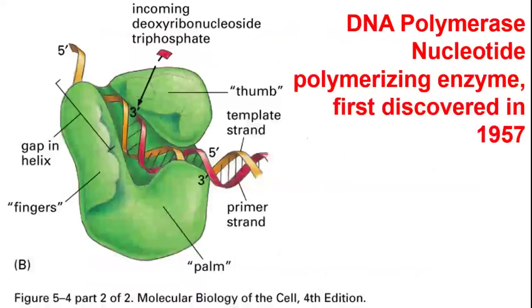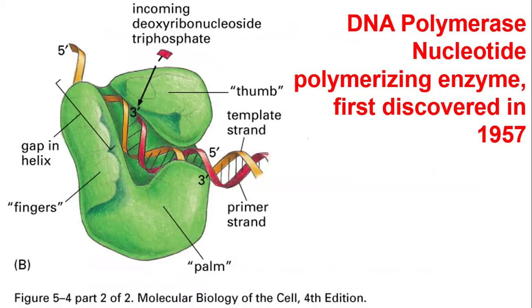So this one is DNA polymerase, a nucleotide polymerizing enzyme first discovered in 1957 and reported actually in 1958 by Arthur Kornberg. So this is the enzyme.